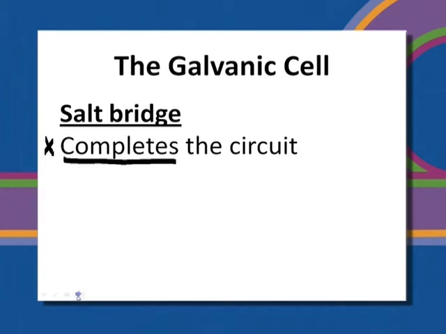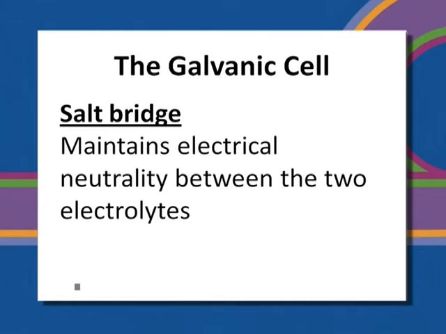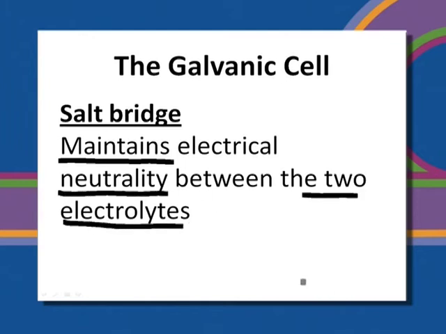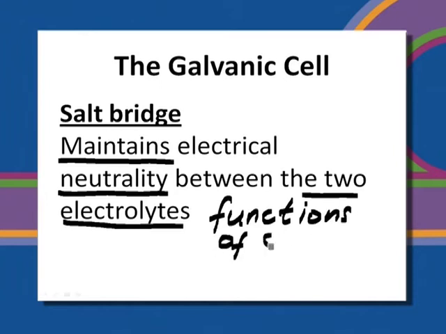So it acts as some switch there. Next, the salt bridge also maintains electrical neutrality between the two electrolytes. So these are the functions of the salt bridge. Okay, this is what the salt bridge does.